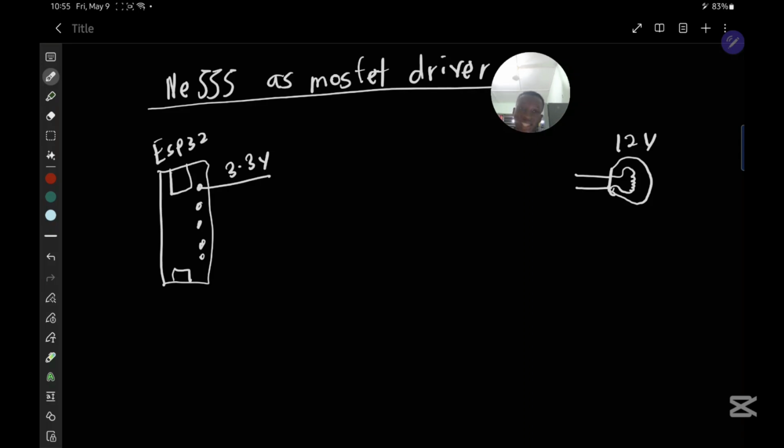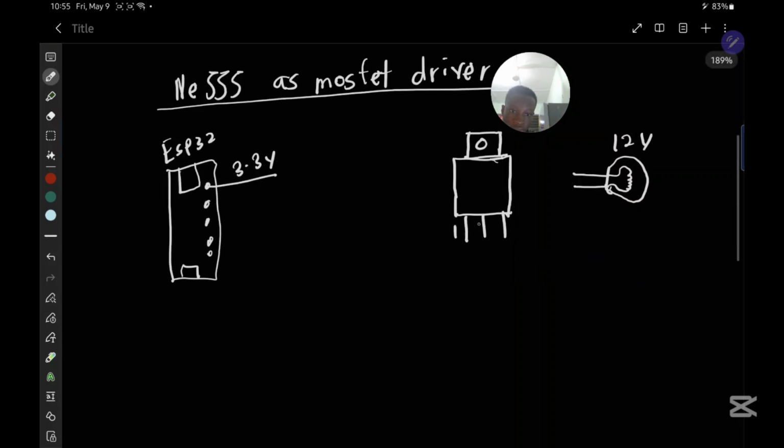So we need an agent to be able to switch that, and that's where something called a MOSFET comes in. So this is our MOSFET, and it has 1, 2, 3 pins.